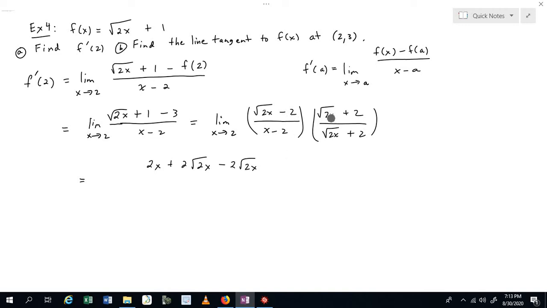And then the last term would be minus 4. So notice these terms are going to cancel out, and that's the reason I multiplied by the conjugate. By multiplying by the conjugate, you're forcing the middle term to cancel out because one of them will be a plus and the other one will be a minus. Now on the bottom, I'm not going to FOIL this out. I'm just going to leave it as it is.